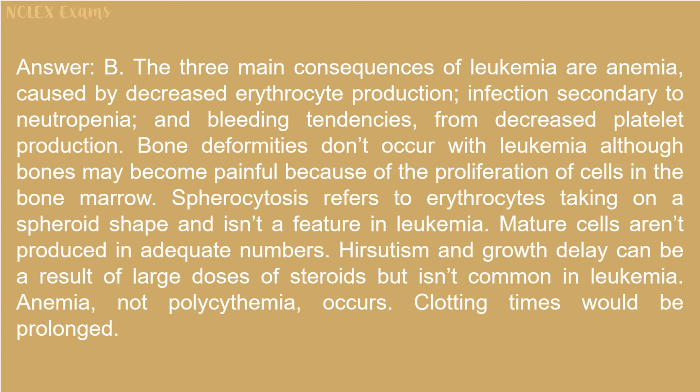Spherocytosis refers to erythrocytes taking on a spheroid shape and isn't a feature in leukemia. Mature cells aren't produced in adequate numbers. Hirsutism and growth delay can be a result of large doses of steroids, which isn't common in leukemia. Anemia, not polycythemia, occurs. Clotting times would be prolonged.